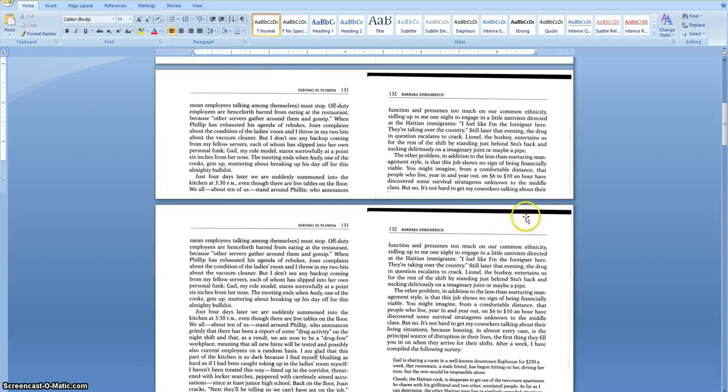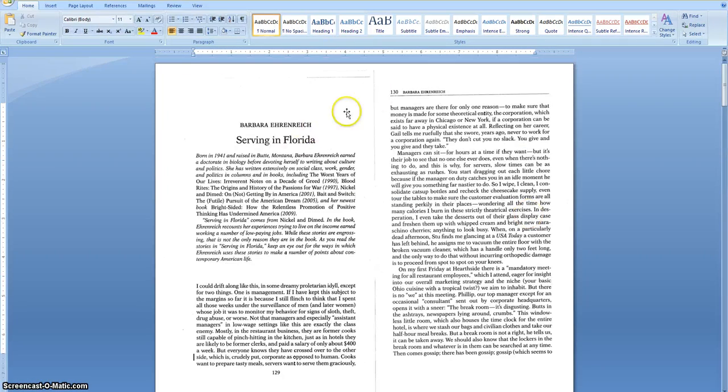Barbara Ehrenreich wrote Nickel and Dimed. It's a compilation of her experience working as a minimum wage worker. And so she really develops this argument about how it's almost impossible to survive on minimum wage, especially with one job. Most minimum wage workers need two just to survive, and they're one paycheck away from being homeless.